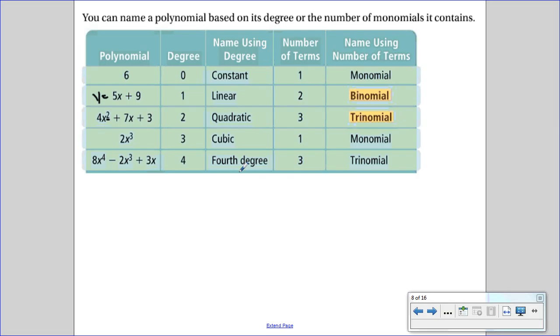Then, depending on how many terms there are: this one has 1 monomial, this one has 2 monomials right there and right there, this one has 3, this one only has 1, and this one has 3 again.